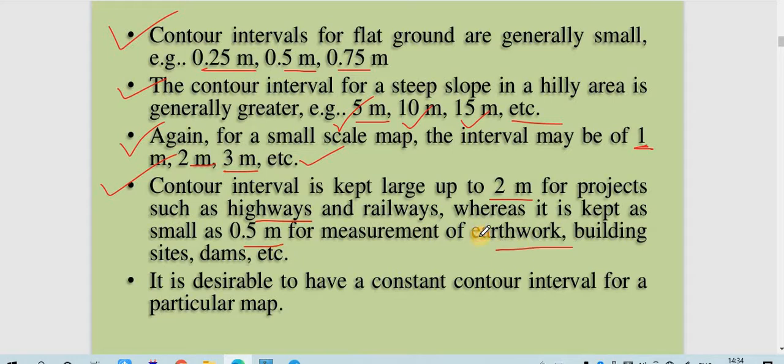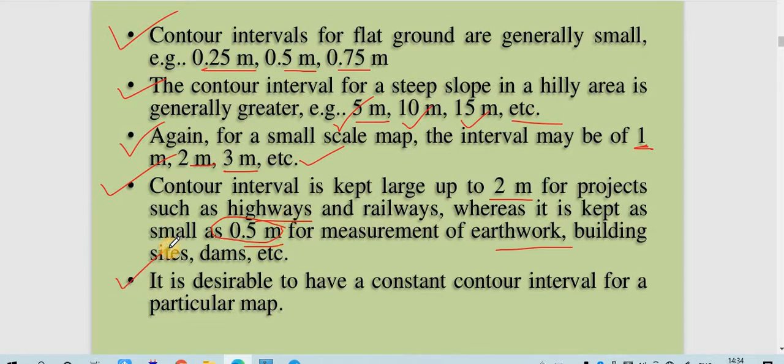So if you are doing a project where higher accuracy is required, for measurement of earthwork, buildings, sites and dams, the interval should be 0.5 meter. If you are doing road work or railway work, then you choose a 2 meter interval.